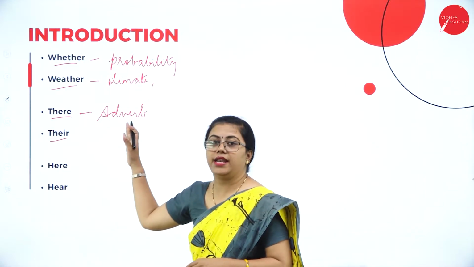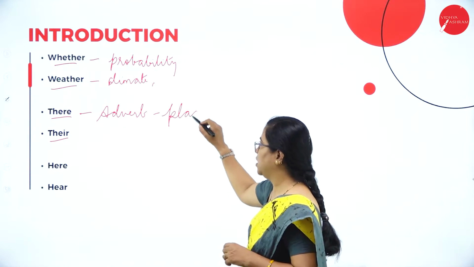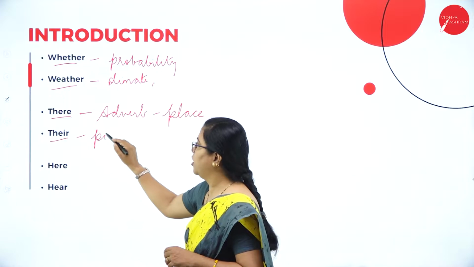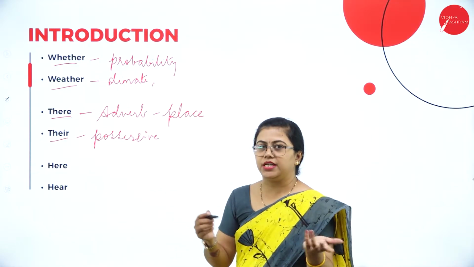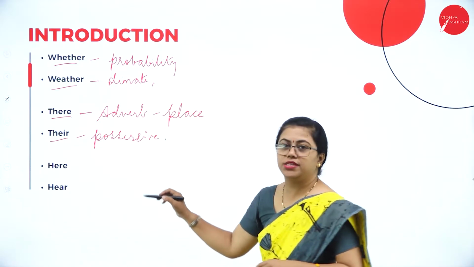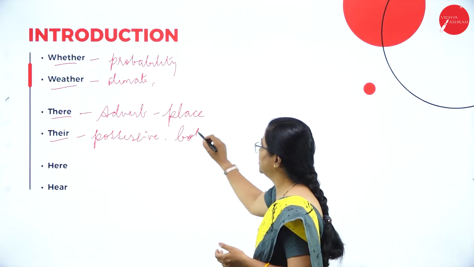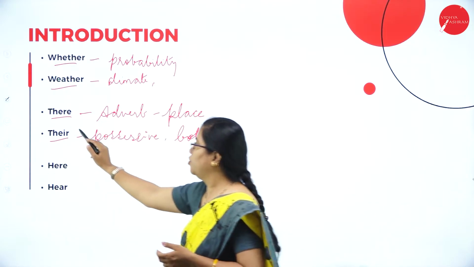Whereas this their is a possessive pronoun, or a possessive adjective also. It shows some sort of possessiveness, some sort of belongingness, something that belongs to somebody. So this sense of belongingness is shown over here.